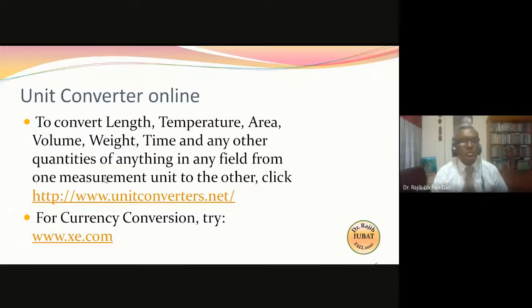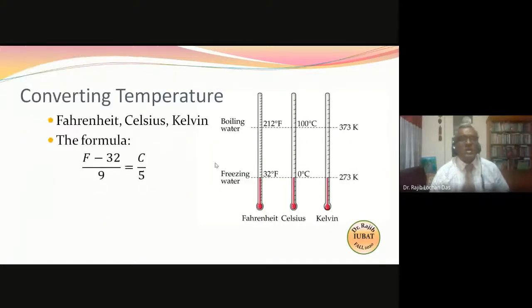You can try those websites at home, just for your fun, no problem. This unitconverters.net is a very, very interesting website. You can convert anything to anything. Just put the value, then the result will come like that. So this is another page.